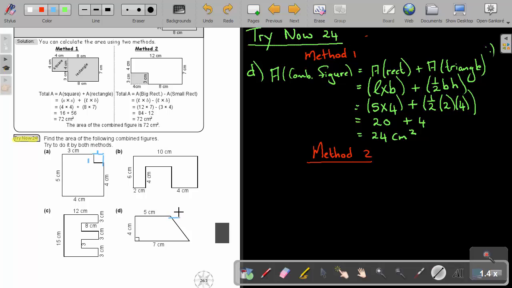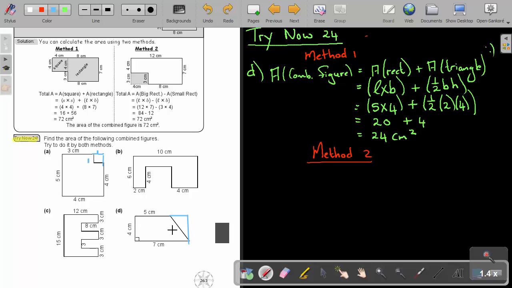So my big figure will be more or less, oh sorry, it's not going to be so accurate, but just that you get an idea. Okay, that's right. So it's going to be a rectangle, and the rectangle will be 7 by 4. But now we just have to find this little triangle, which we're going to subtract.